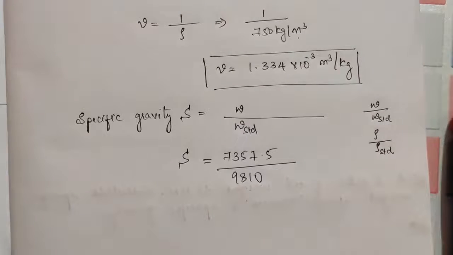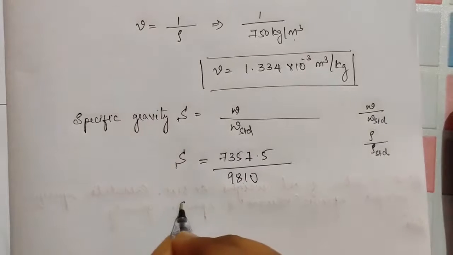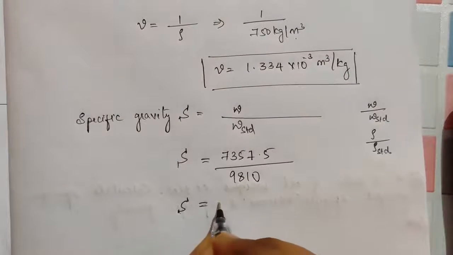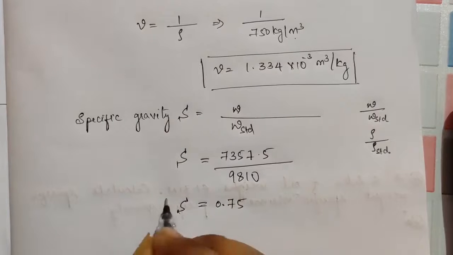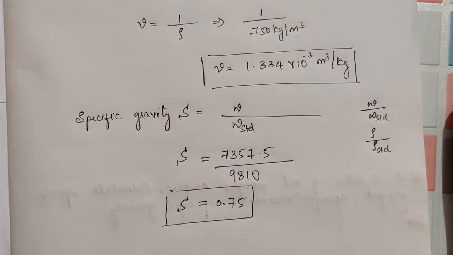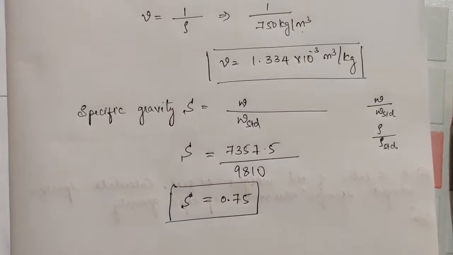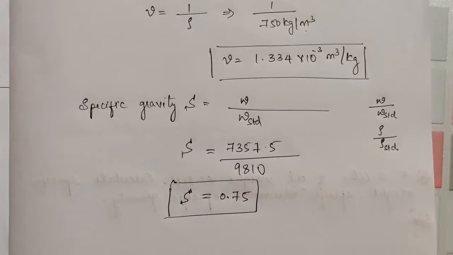Once I substitute that, 7357.5 divided by 9810, I'll get the specific gravity as 0.75, and it is a dimensionless quantity. So dimensions are very important in this subject.